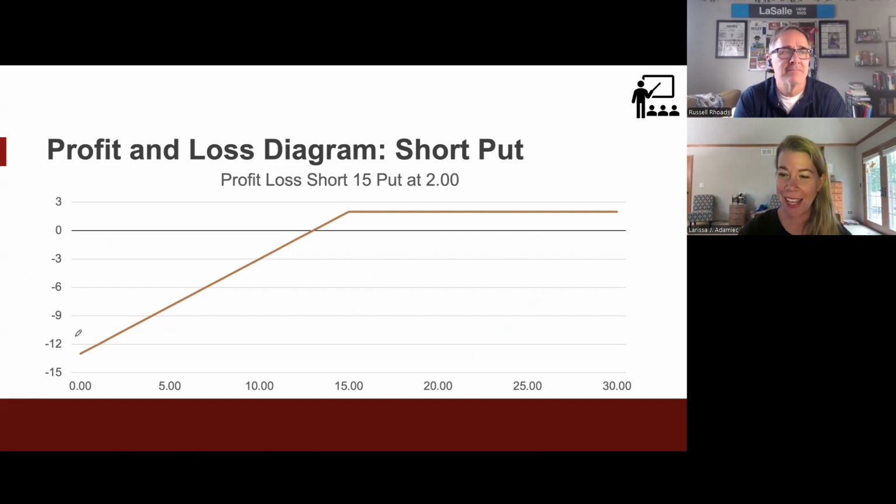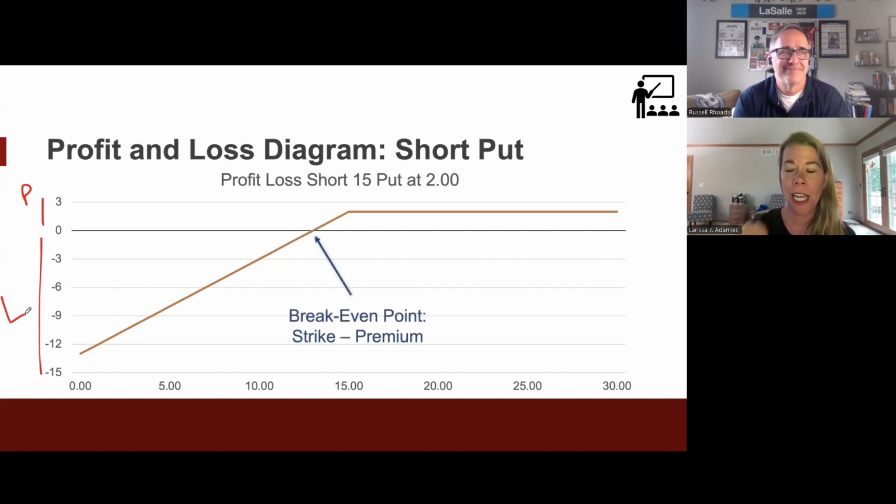So again, profit, loss. And we can see in this diagram, our profit has a much smaller window than our loss, but that's okay. Our break-even point, again, is our strike minus our premium. So our break-even does not change.